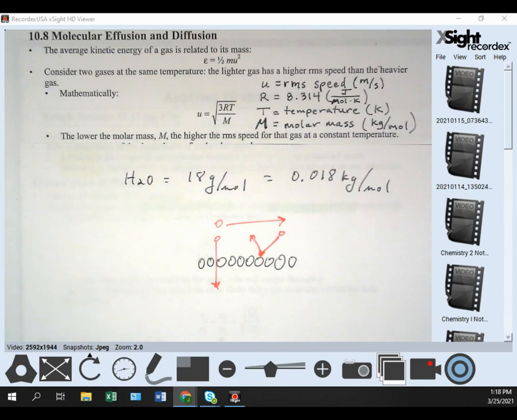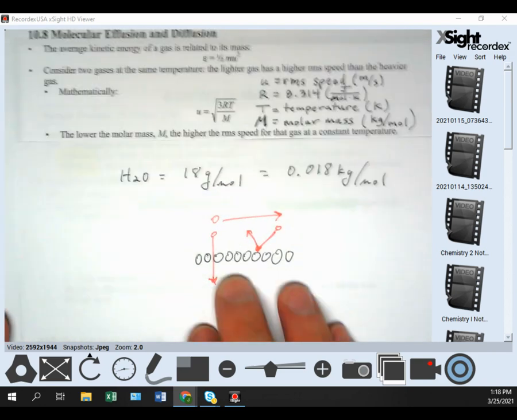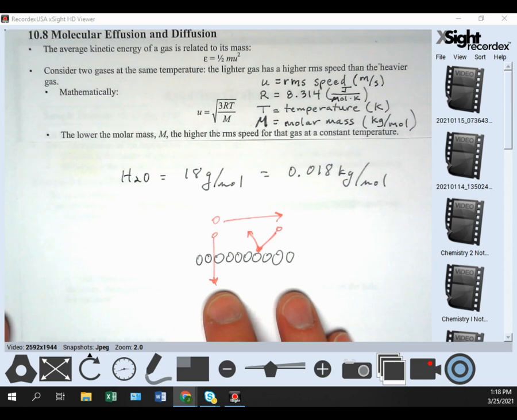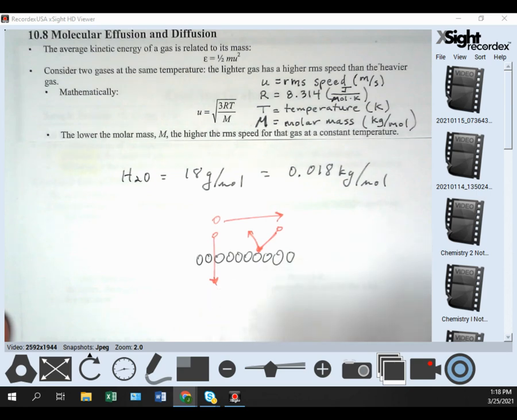Every once in a while, an air molecule will hit that hole just right and just squeeze right through and escape the balloon. Over time, because of the continual strikes, you get slow gas leakage out of it, and it reduces the amount in there. Okay. Does that make sense?